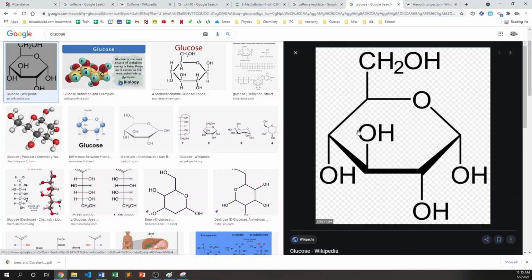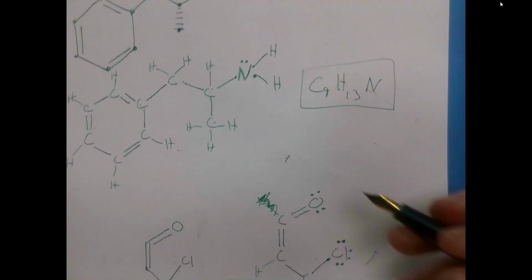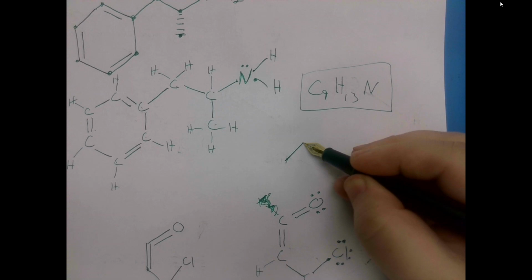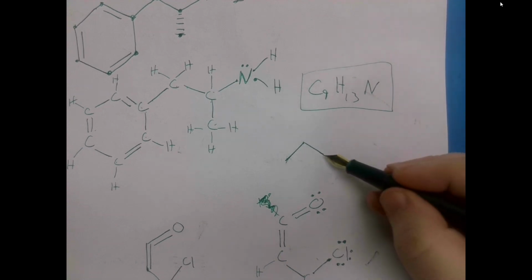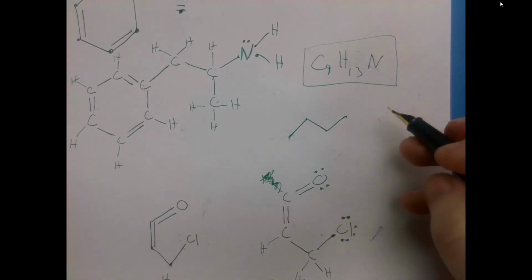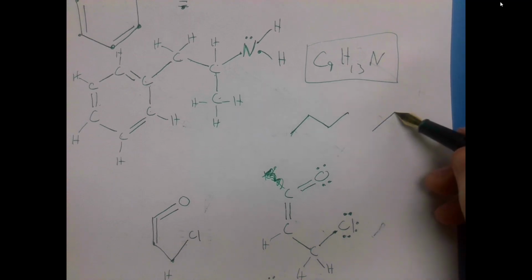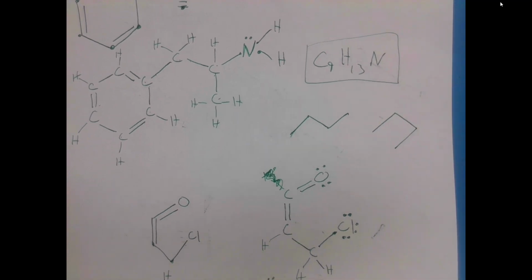Some molecules, we have chirality, we have chiral molecules, but we also have, for example, this situation. We can have it bend up, down, and back up, or we can have it bend up, down, and back left. And this is all on the same plane. So I can't use wedges and I can't use arrows up.